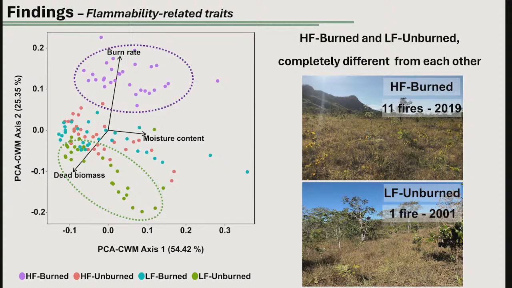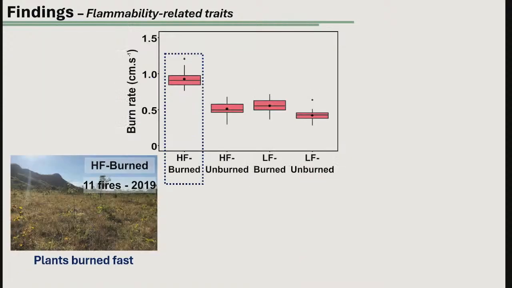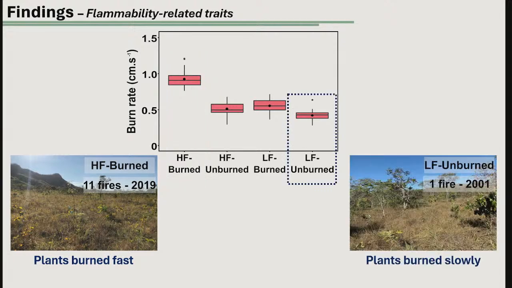And we can also see that the area with high fire frequency recently burned has an association with burn rate, and the other area an association with dead biomass amount. And when we look at the burn rate, we can see that in the first area, the high fire frequency area, plants burned fast, and in the area with low fire frequency, plants burned slowly.